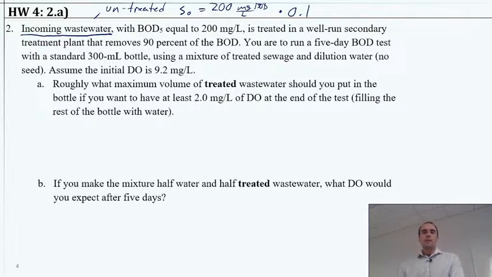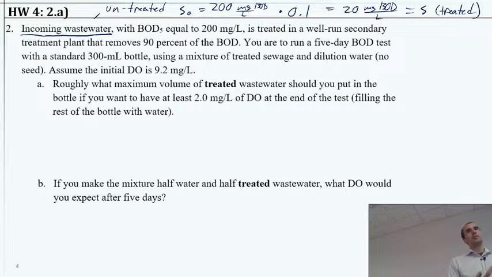So that means if 10% of 200 is remaining, there's 20 milligrams of BOD per liter remaining in the treated water. And that's what we're going to do our BOD tests on. Okay, so it's not a particularly complicated concept here. It's just a matter of making sure that you're reading the problem and understanding what you're being asked.